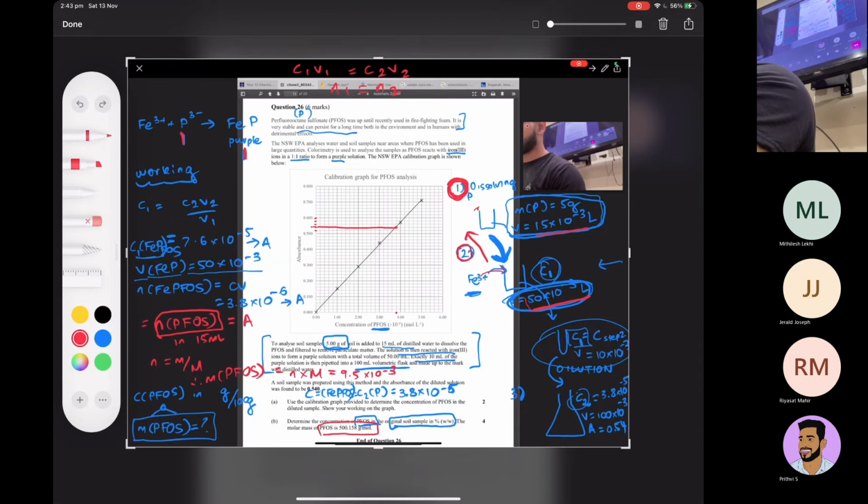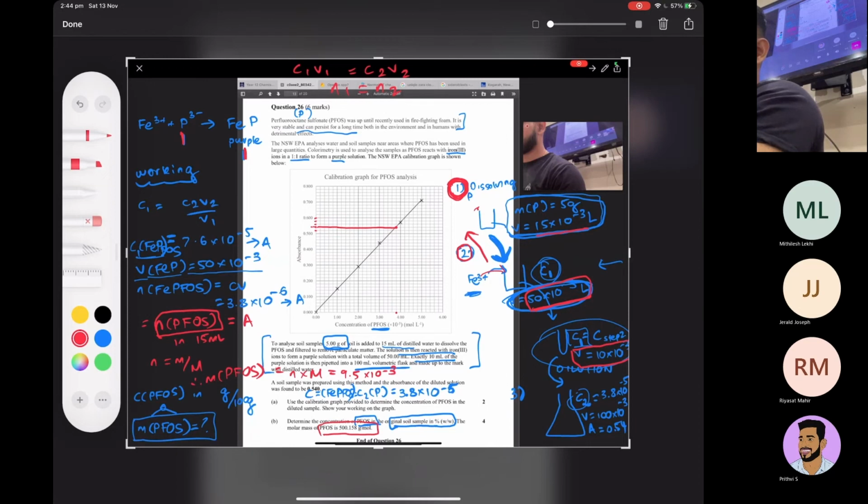Does everyone see that step there? From 50 ml of this beaker, we took 10 ml solution here. That is not dilution, because we've taken a smaller amount of that 50 ml solution. The number of moles will be less as well. It's the concentration that would be constant. One squirt of this hand sanitizer has less moles in the bottle, but the concentration is the same. Do you all agree?